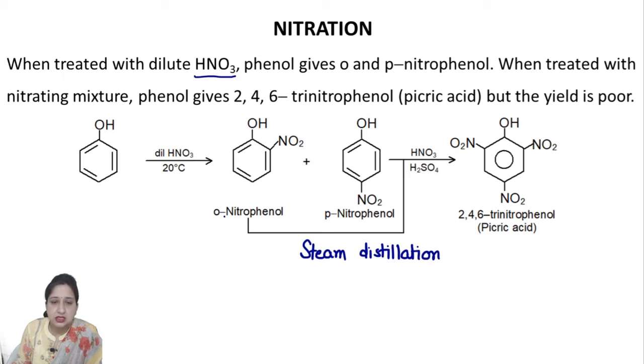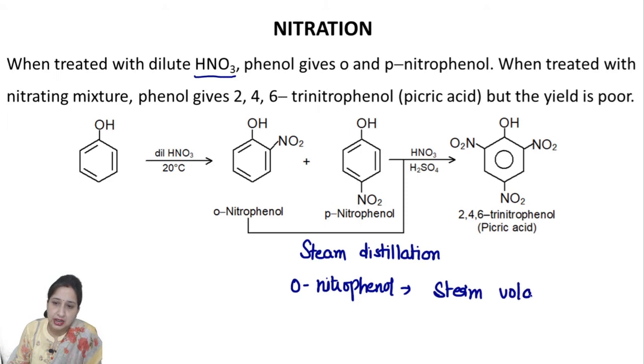Ortho-nitrophenol is steam volatile, so it is separated firstly from the para-nitrophenol, means it is more volatile and having less boiling point. Ortho-nitrophenol is steam volatile, and it is separated from the para-nitrophenol.